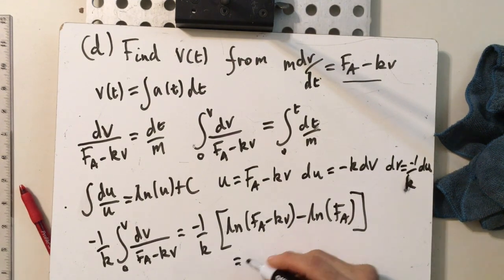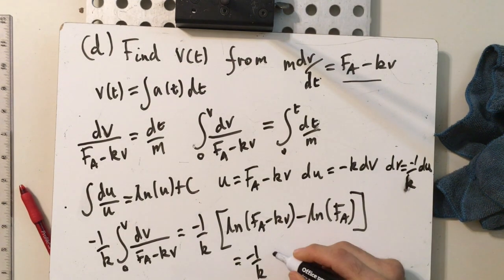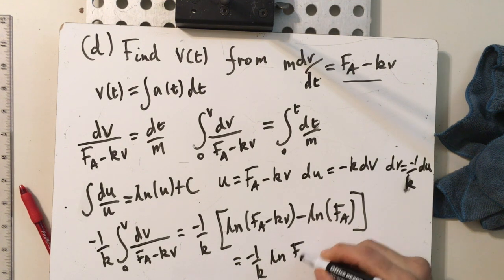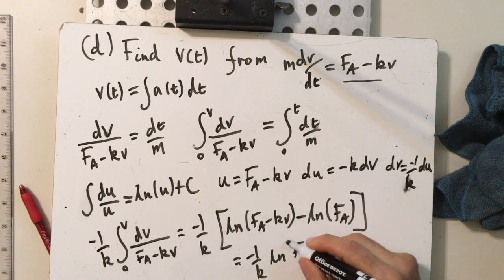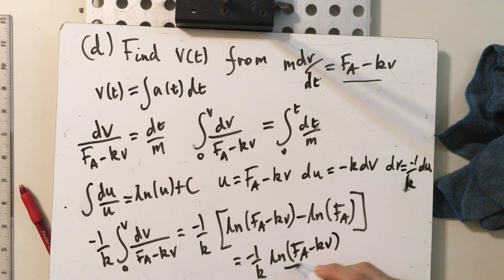And that will equal negative 1 over k ln of (F_A minus kv) over F_A. So give me a second, let me erase that, and we'll show you the answer.